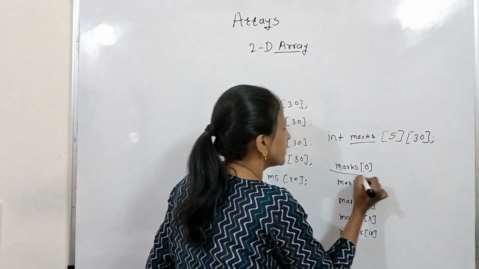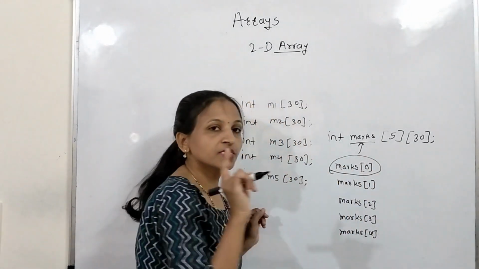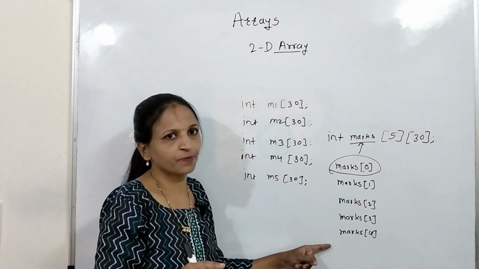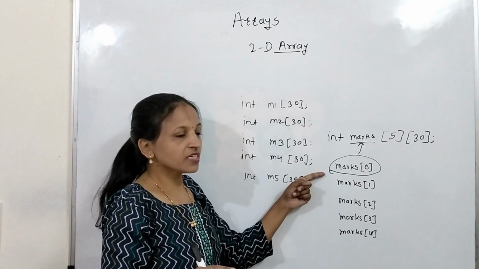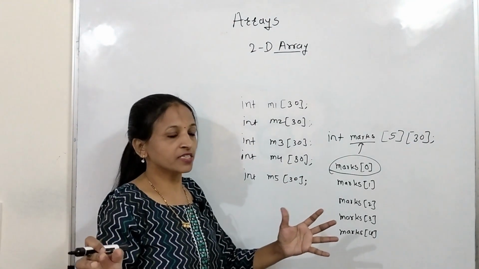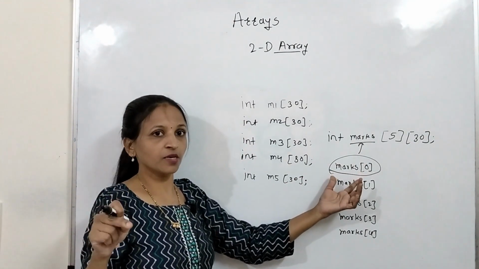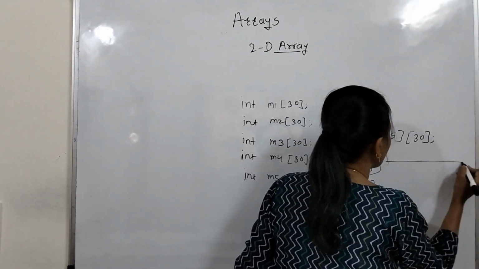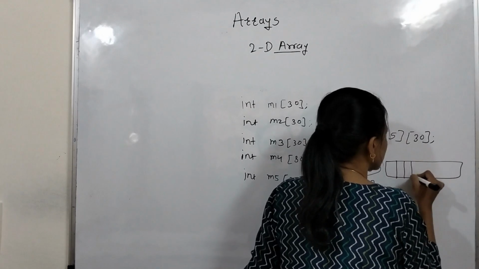Each represents one element of this array: the second element, third element, fourth element, and fifth element. Now this first element internally, this is nothing but the name of that first array. Getting it? Now the first array will hold in it 30 elements.